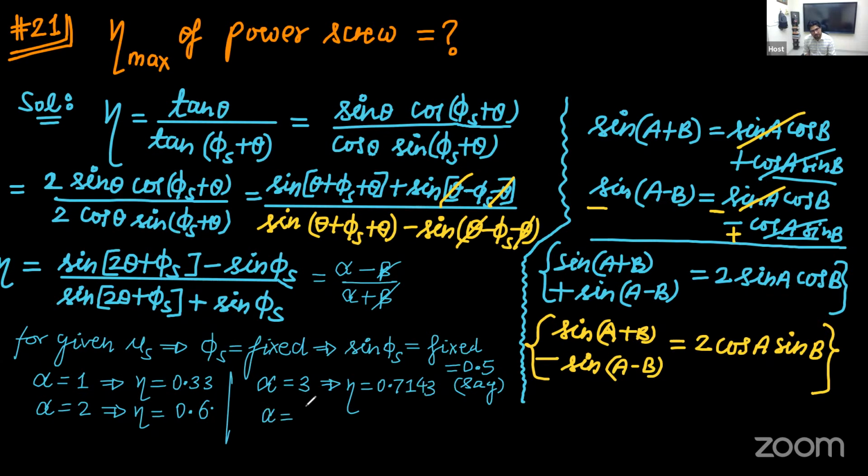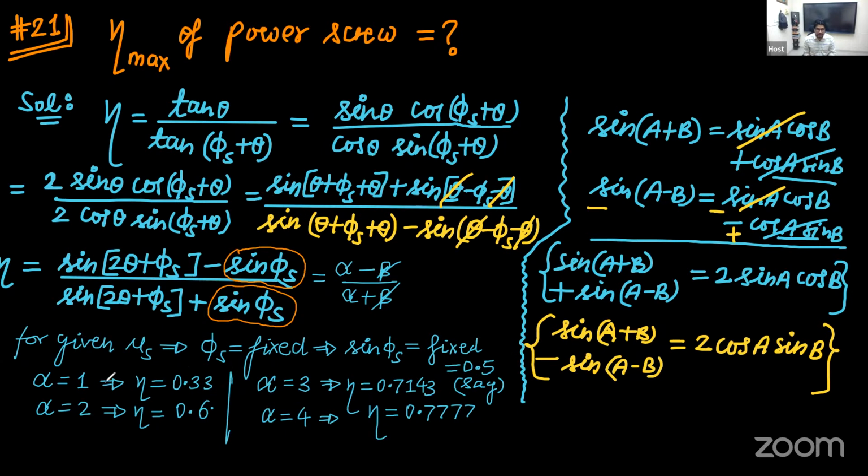Similarly, for alpha equal to 4, I get 3.5 upon 4.5, which is 77.77%. So one thing is very clear: for a fixed coefficient of friction, this whole function is monotonically increasing with an increase in the value of sine of (2 theta plus phi s).